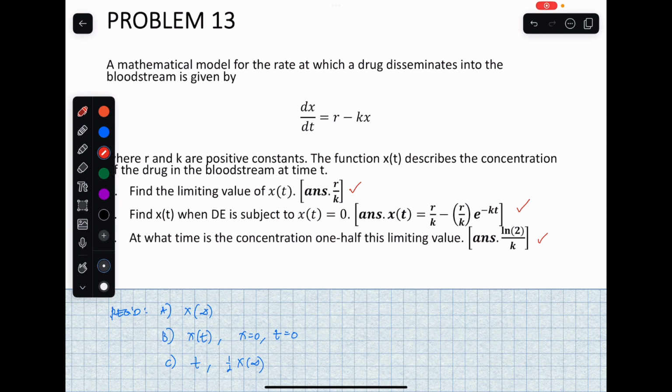Just don't get intimidated by letters. It is stated in the problem which ones should be treated as constant or not. If it is treated as constant, then just treat it as constant. And that is a linear model problem.